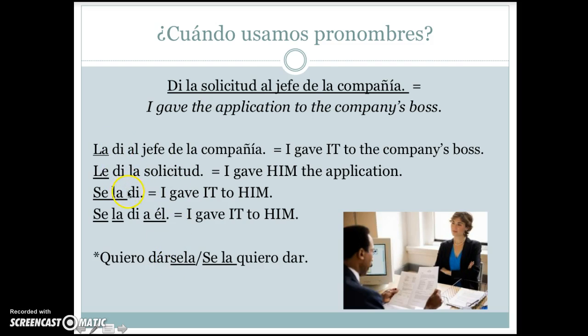If there's only one verb, you have no other option. Those pronouns go before the verb. However, if you have more than one verb in the verb phrase, quiero dar, they can go at the end. Quiero dársela, I want to give it to him. Or they can stay in front. Se la quiero dar.